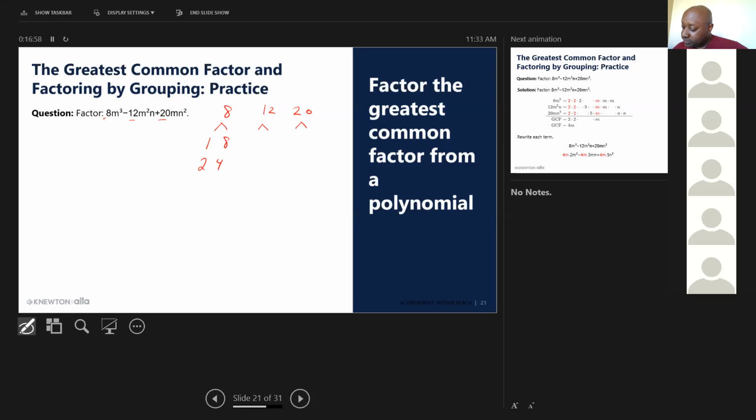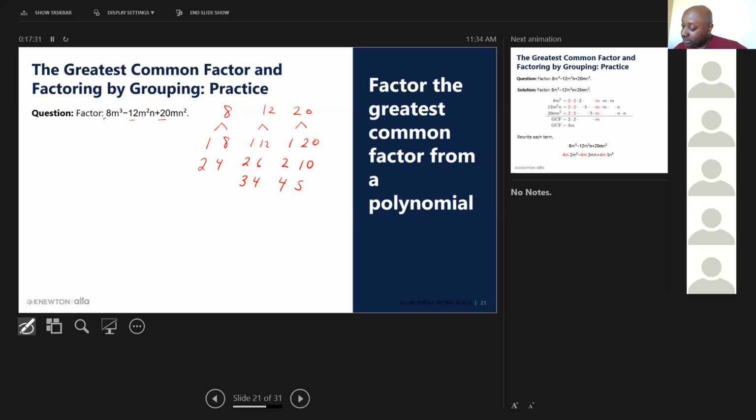Okay, for 12, my factors are 1 times 12, 2 times 6, 3 times 4, and then 4 times 3, which is already here. So I know I have all my factors for 12. Then for 20, it's 1 times 20, 2 times 10, 3 times something, no, 4 times 5, then 5 times 4.